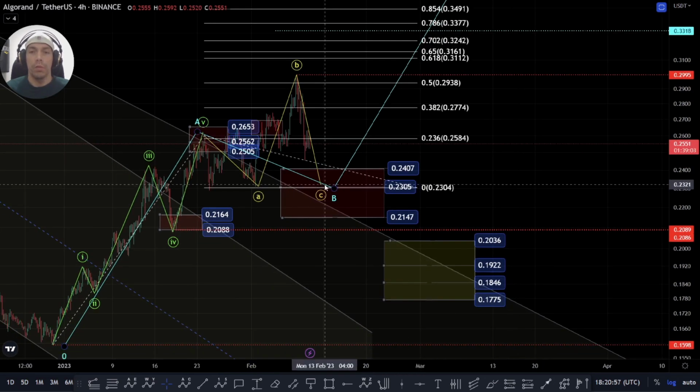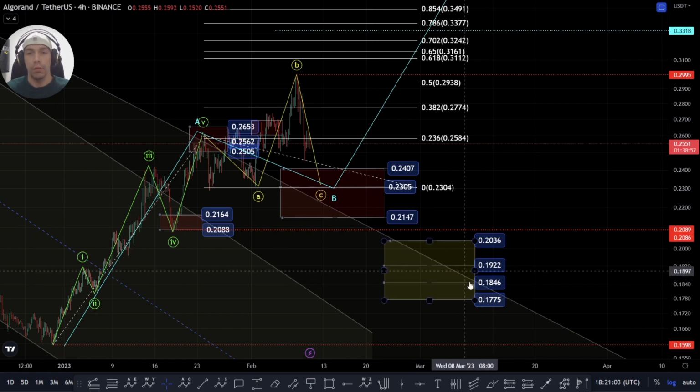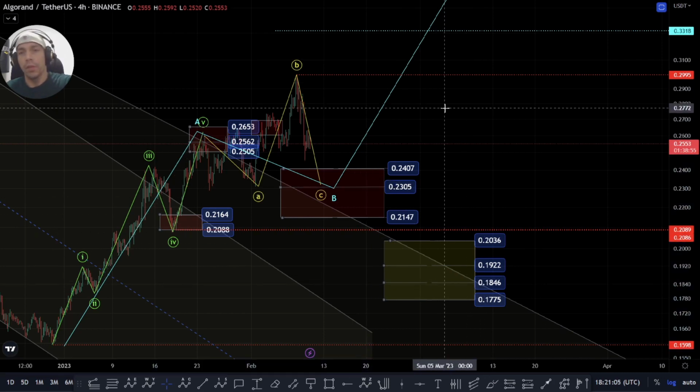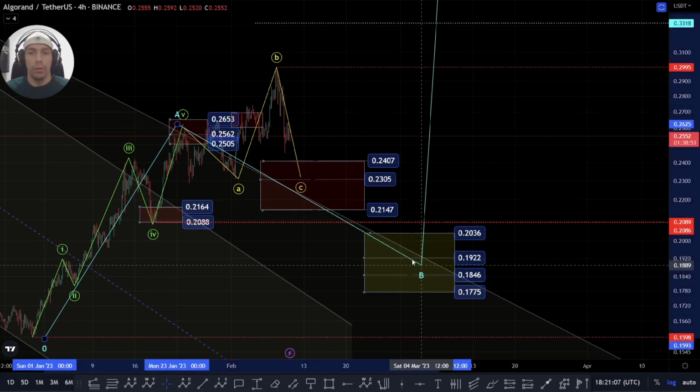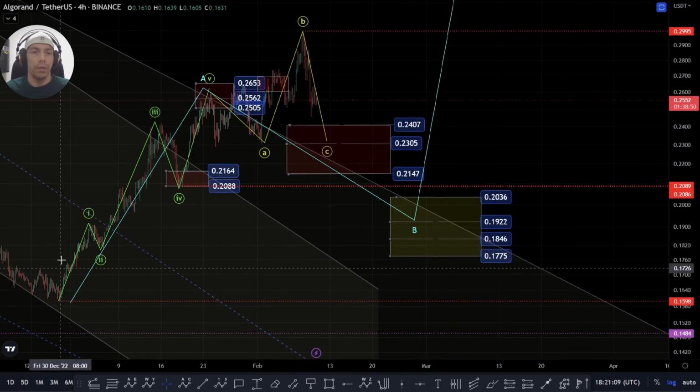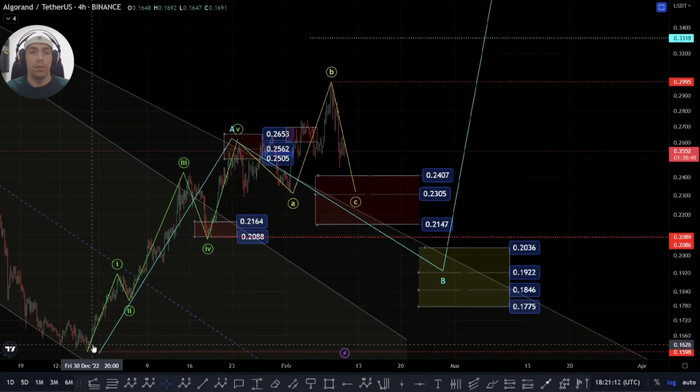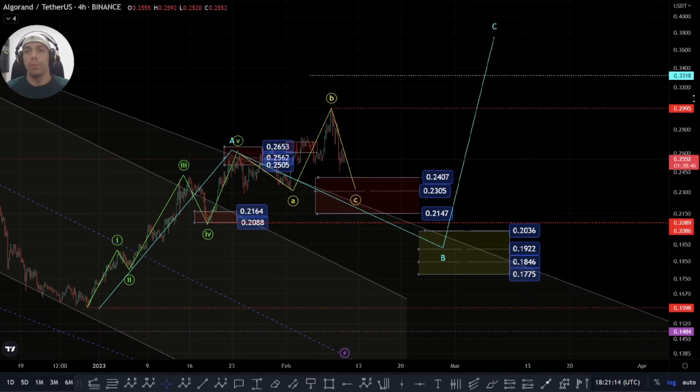However, we also need to bear in mind that, like I said, this could just be the first part of a corrective move where we form this as an A, we come back up for a B, and then we look to reject the downside. So this is looking for the upside potential, at the fact that potentially we've completed into this low point and we are looking for that push to the upside.